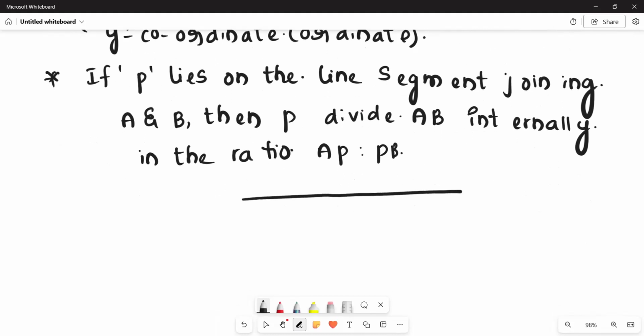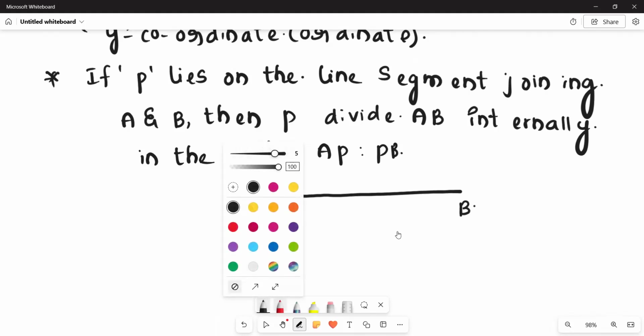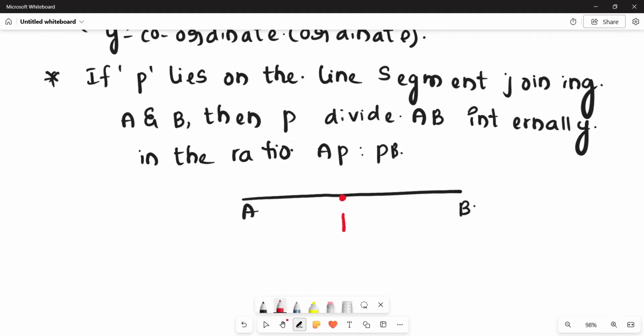If I have a line here, that is A and B. If P lies on the line segment joining AB, then P divides AB internally in the ratio AP is to PB. That means if I have a point here, let us suppose it is my point P, dividing my line segment, in the middle of the line, the whole line is divided into two parts, right?